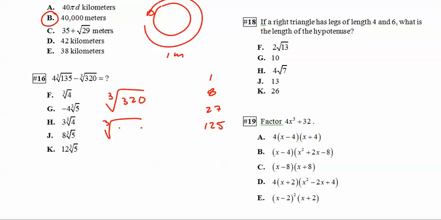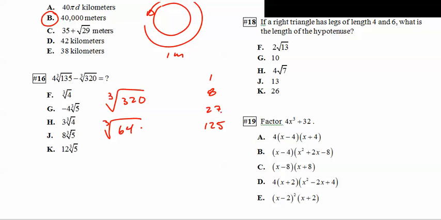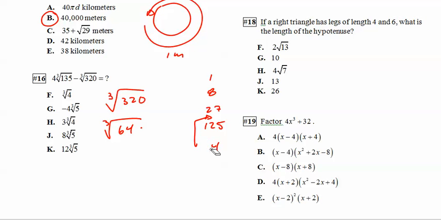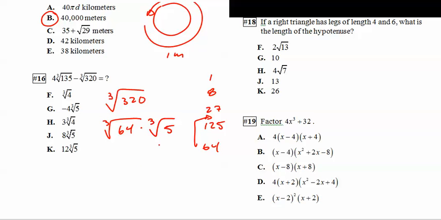So 64. That would have been my next one. Oops, I missed it. Boy, that's bad. 64 times third root of 5, as I thought. So we have a minus 4 third root of 5.